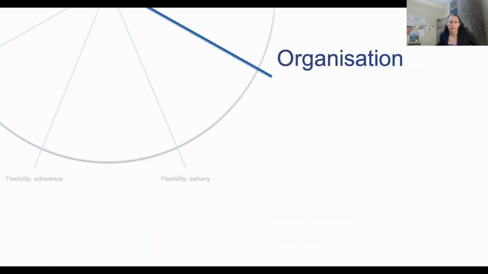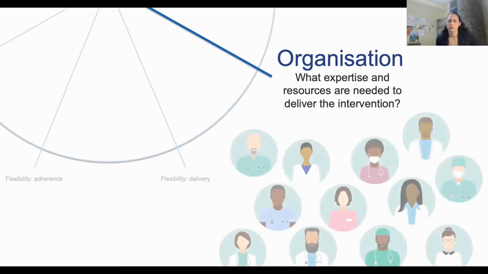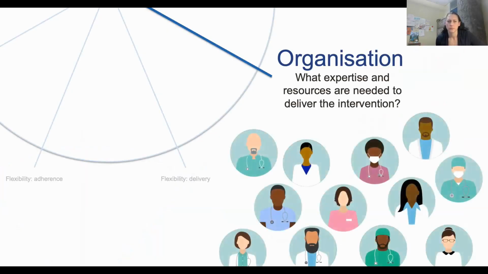The organization element really gets at what do we actually need, that is, in terms of expertise and resources to deliver the intervention. Now, if we need specialized skills to deliver the intervention, and those specialized skills don't exist in usual practice, that's not going to be very pragmatic.